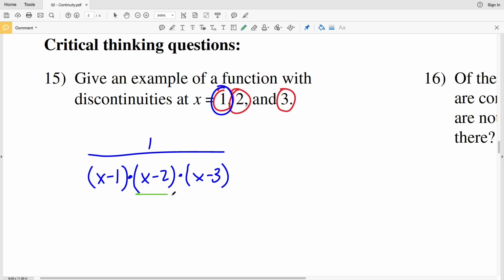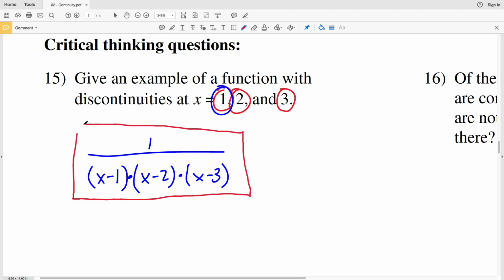Plugging 2 in, I'll get 0, but a number times 0 times another number is still 0. So I still have 0 in my denominator, and then, like I said, plugging 3 in, I'll get 0, and any number times 0 is 0. Therefore, this is an example of a function with discontinuities at x equals 1, 2, and 3.